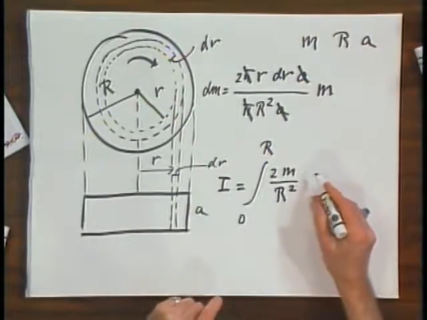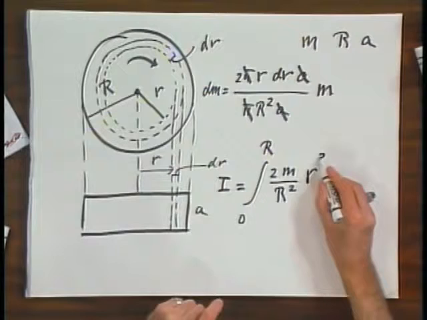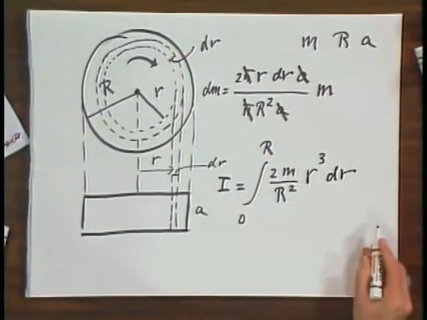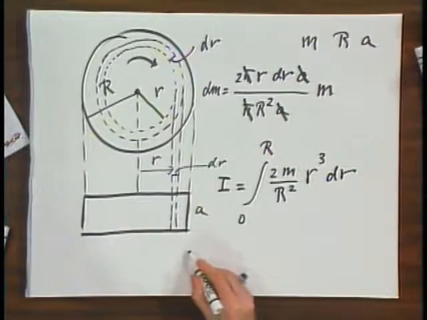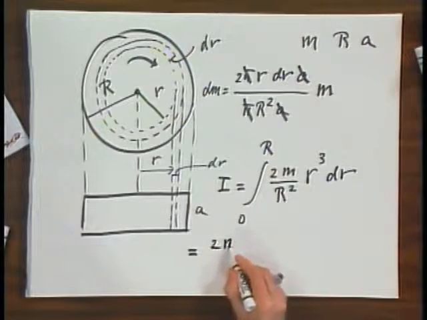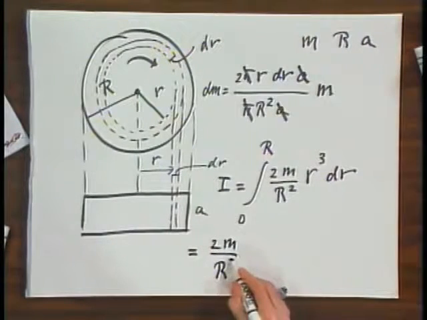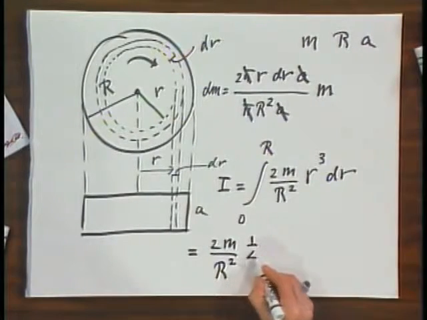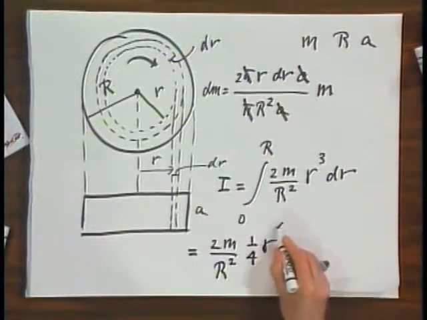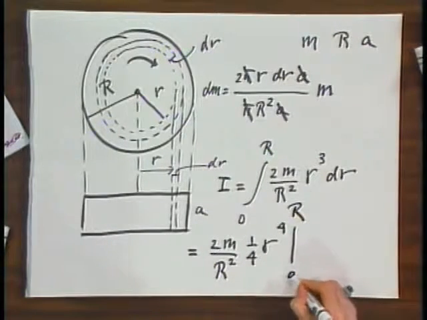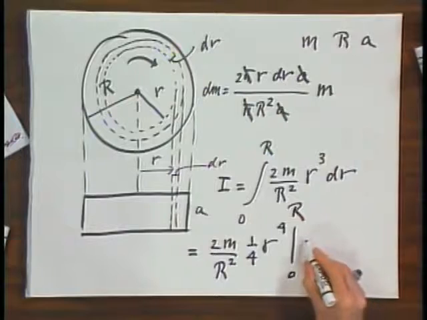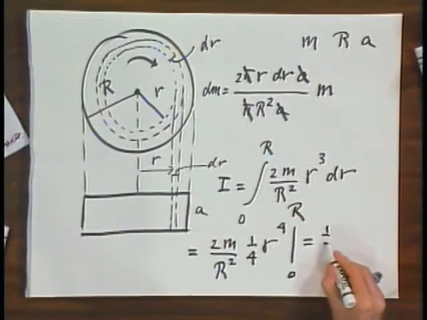And so I'm going to get here r to the third dr. And this integral becomes 2m divided by R squared, 1/4 r to the fourth, evaluated from 0 to capital R, and that becomes 1/2 m R squared.